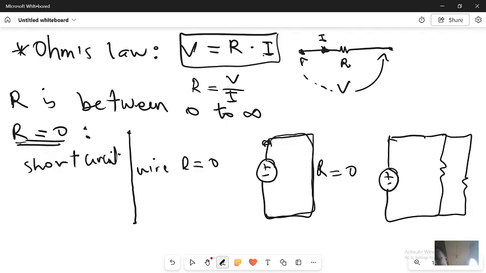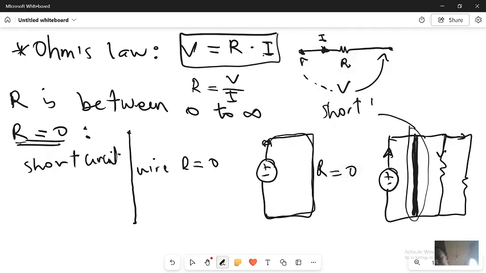Generally, the current produced from here will split, some going here, some going here. But if I connect a wire here without any resistor, this means it is a short circuit, where R equals 0.